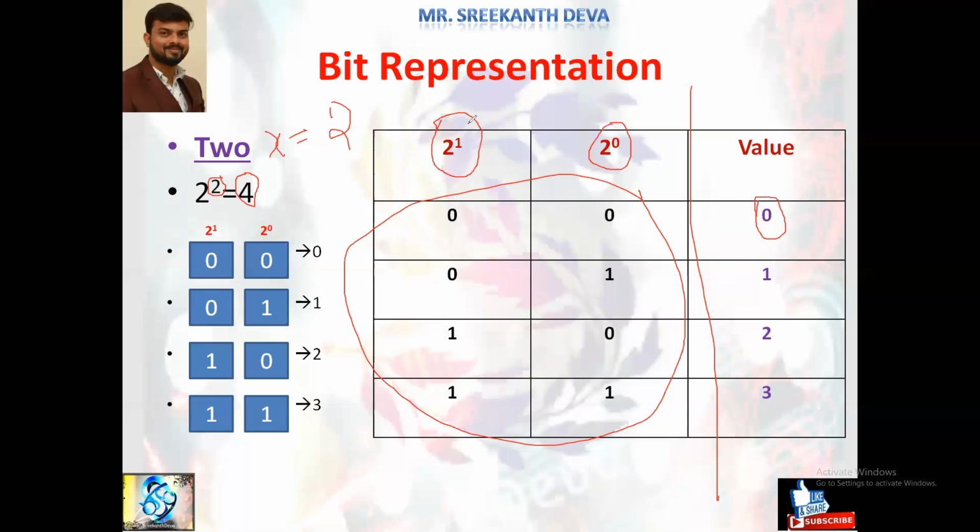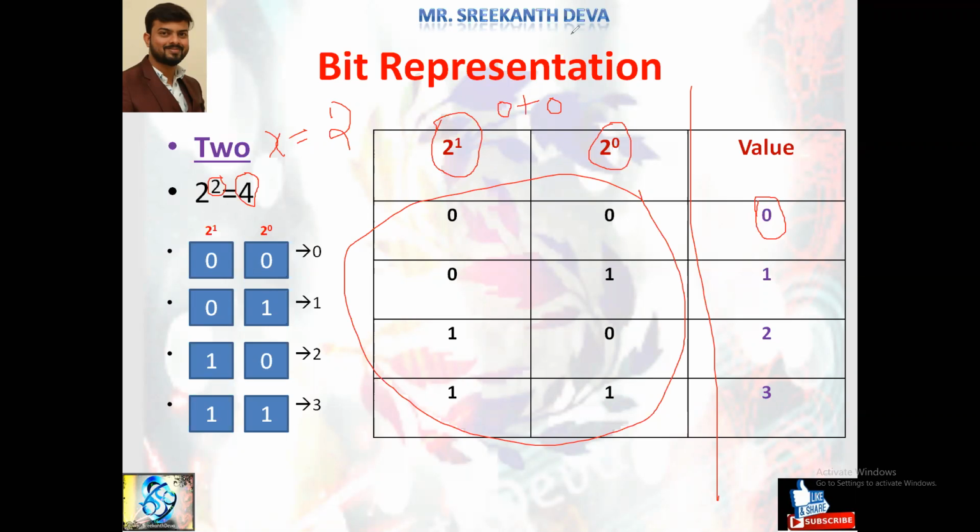For calculating this binary value into a decimal value, we simply multiply 0 into 1, 0 plus 0 into 2, which is 0 plus 0. The value becomes 0 only.